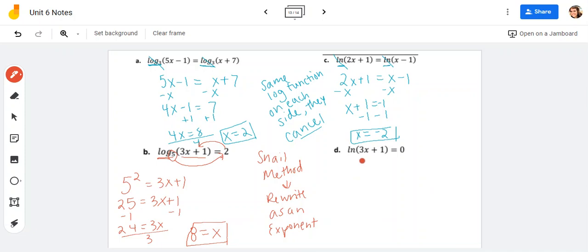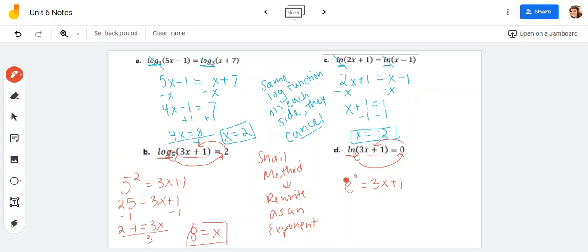If I look at example D, I notice the same problem. I've got natural log, and then I've got nothing on the right side in terms of a log. And we need to remember that when there's no base on a natural log, it's always e. So I'm going to use my snail method again and say e raised to the 0 power equals all of this stuff on the inside, 3x plus 1.